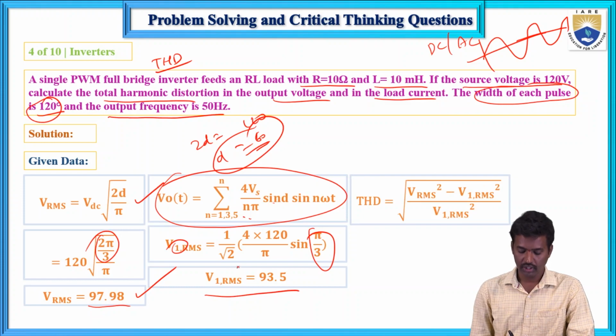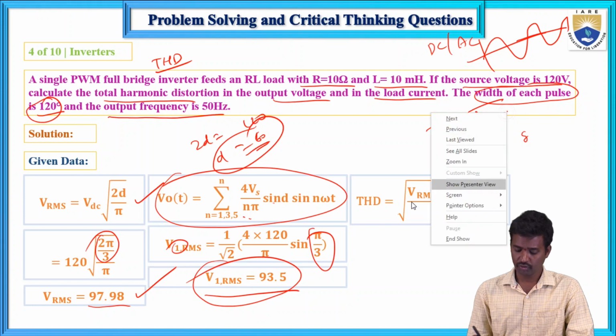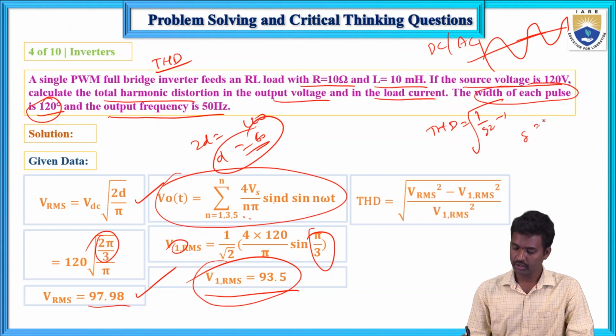So now what about the THD? THD equals under root of 1 by G square minus 1. So G equals, what is the formula? G equals V01 RMS, the fundamental RMS voltage, divided by the total voltage.